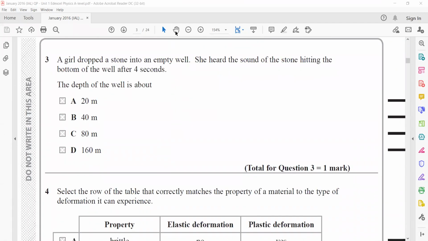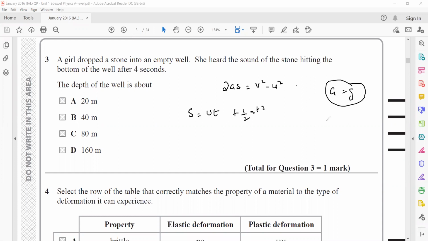A girl dropped a stone into an empty well. She heard the sound of the stone hitting the bottom of the well after 4 seconds. So what is the depth? We could use the equation of motion 2as equals v squared minus u squared, but we don't know the final velocity, so we use s equals ut plus half at squared, in which the acceleration for a free fall motion is due to gravity.